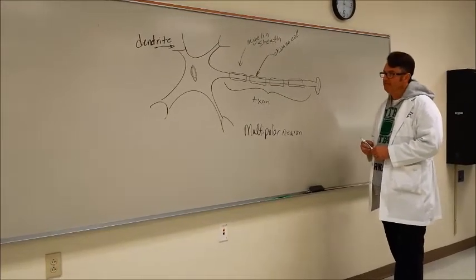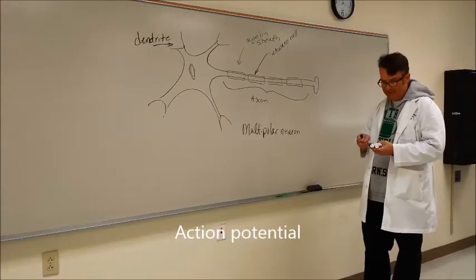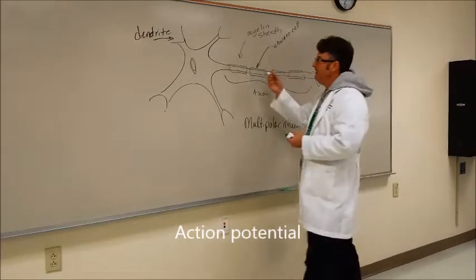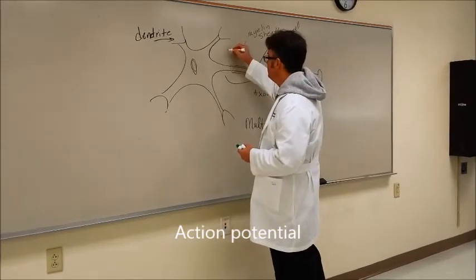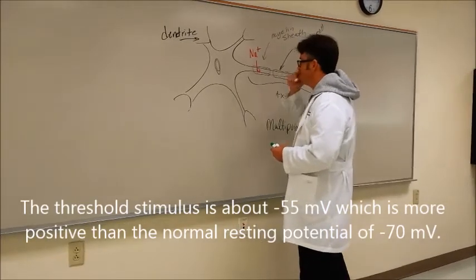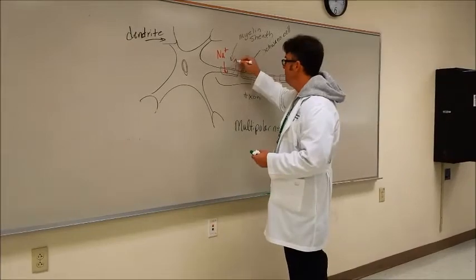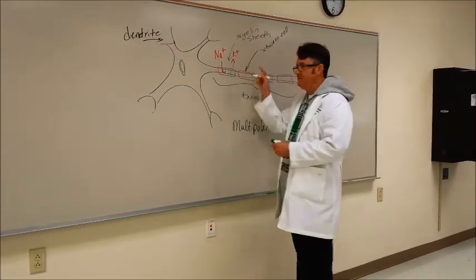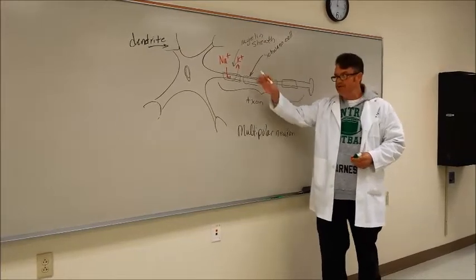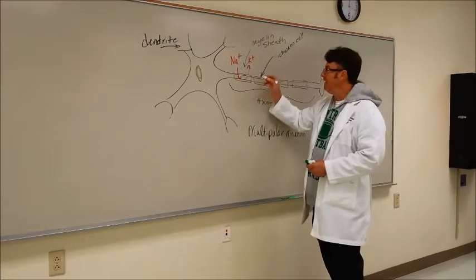Now, an interesting fact that happens is that when an action potential occurs in a neuron, a threshold stimulus has been achieved, and sodium goes in and depolarizes this nerve, but potassium has to quickly move back out to balance the electrochemical gradient here, and to reset this fiber so it can fire again.